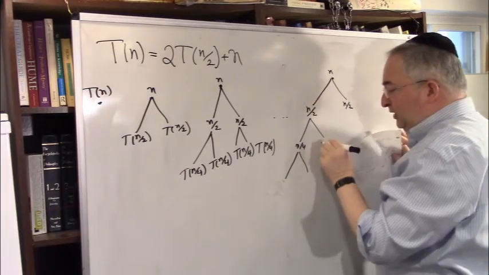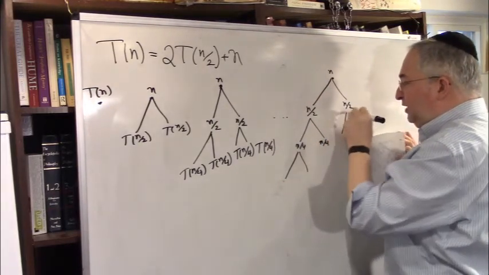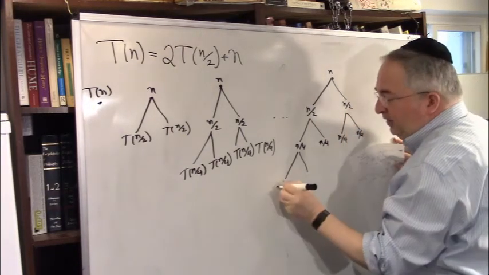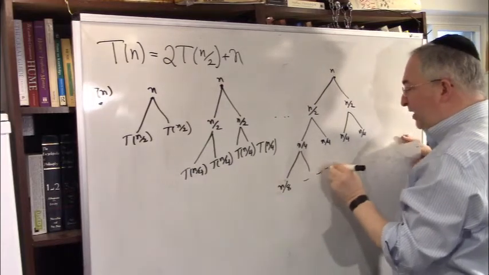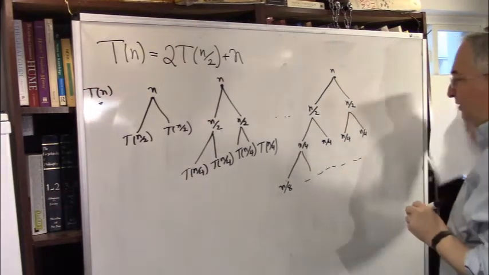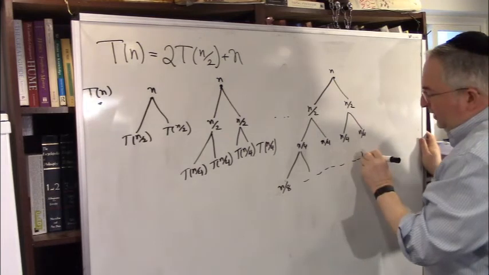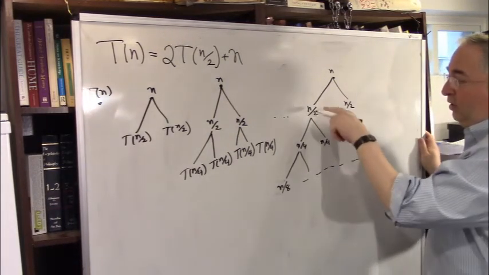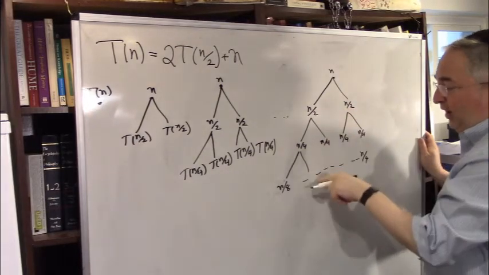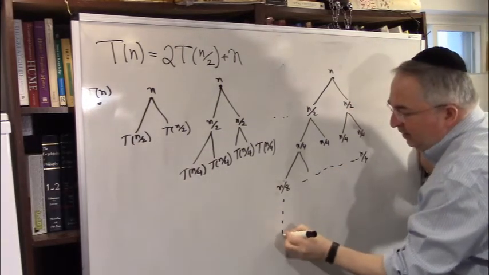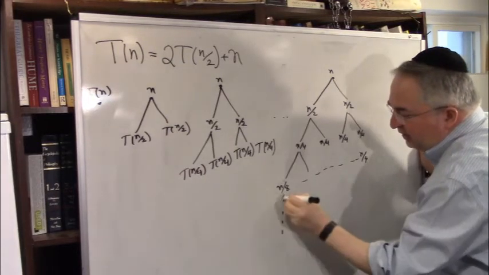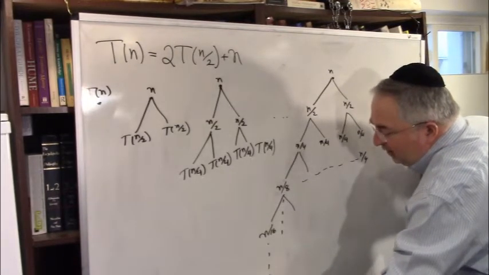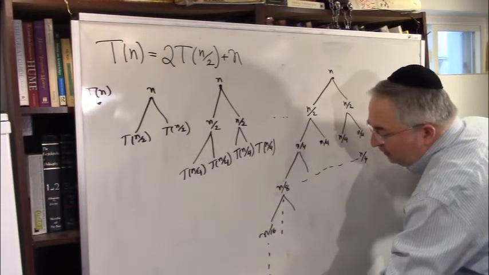And we're going to get n over 4, dot, dot, n over 4, n over 4, and here's going to be n over 8, and there's going to be a lot of copies of n over 8, etc. How many copies of n over 8? 1, 2, 4, 8 copies of that. Going down, he's going to have n over 16, dot, dot, dot. And finally we're going to get T(1) here.